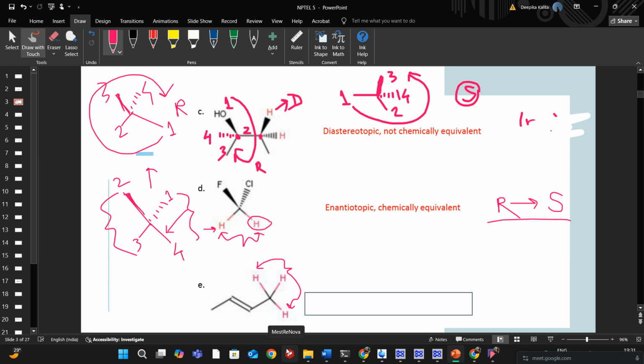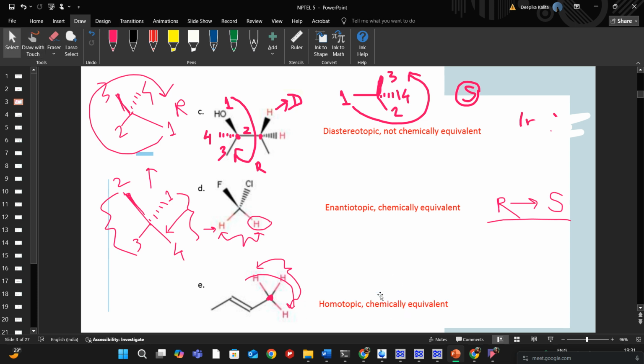So if you look at these, all three protons are in the same chemical environment, because this aliphatic center can rotate freely. So all these three protons are chemically equivalent. Hence, these three protons are homotopic.